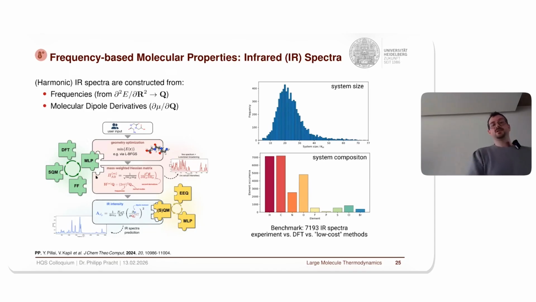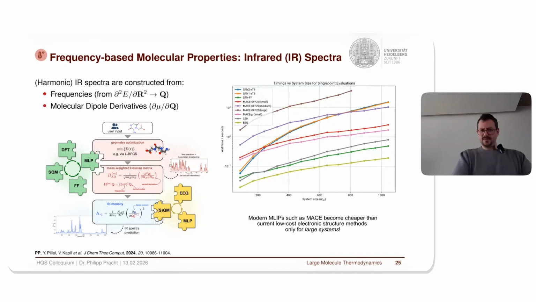So can we combine a machine learning interatomic potential for the frequencies with some other dipole moment from a semi-empirical calculation, for example, or an empirical one? We tested this on a benchmark set of 7,000 experimental IR spectra and compared the experiment versus DFT versus these low-cost combinations here.